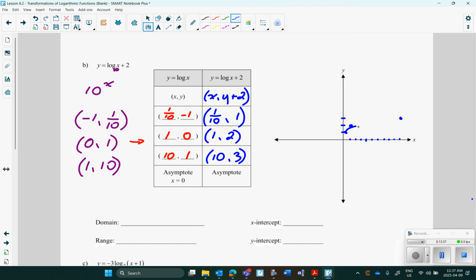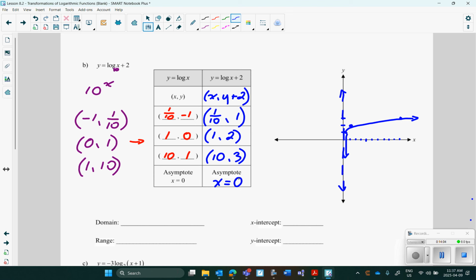So notice there was no horizontal shift, so the asymptote stays at x equals 0. That's a very sharp turn. So this remains at x equals 0.